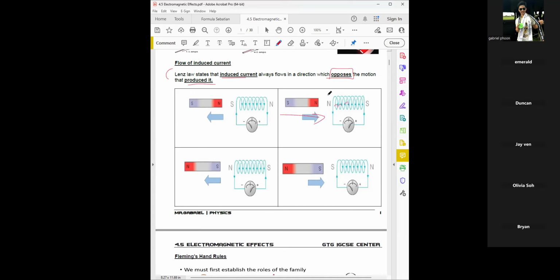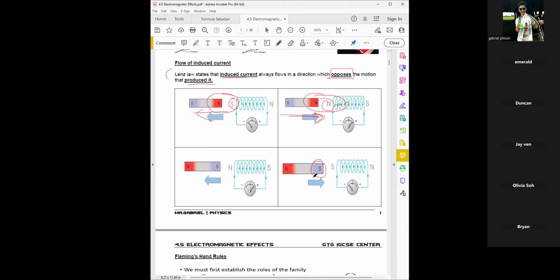This current will produce a magnetic field that will oppose this motion, right? Alternatively, it's true as well. Once I go in, I have to come out to continuously cut through the magnetic field. I have to keep going in and out, in and out, right? So when I go out, it will try to attract me. But when I try to go in, it will try to repel me, with reference to the pole that is going in. If I switch the poles, it will be the same also.